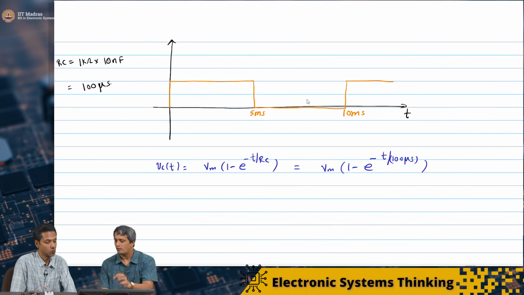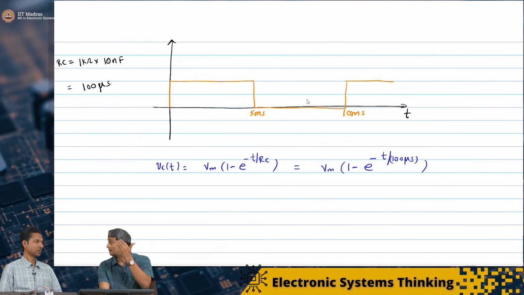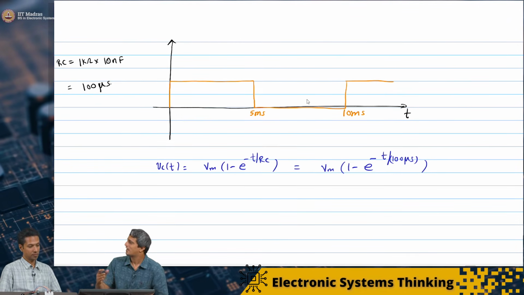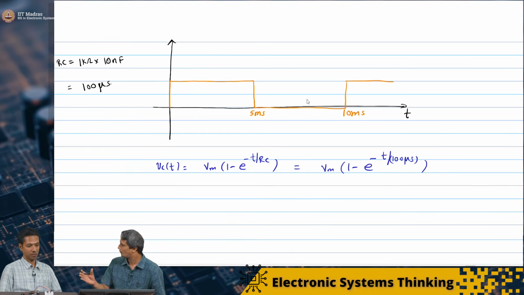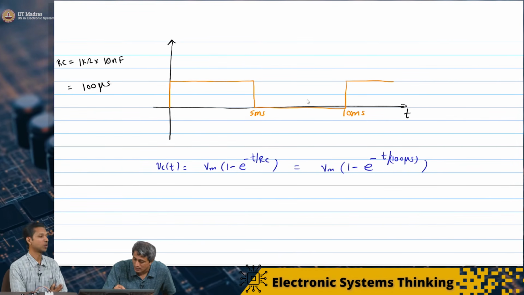Now, when I look at 5 milliseconds by 100 microseconds, it's a very large number. E power minus that effectively is like 0, right? And that's why when we gave this 100 hertz, it was not so visible.